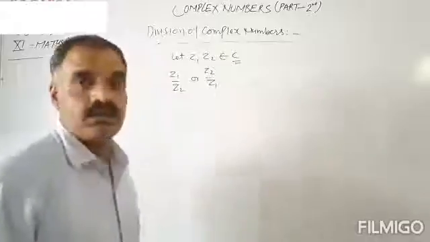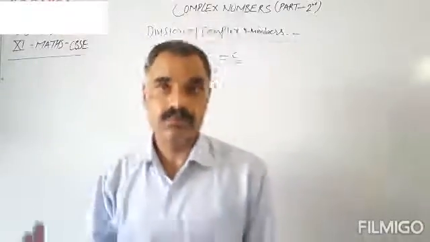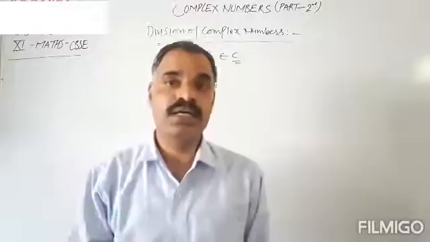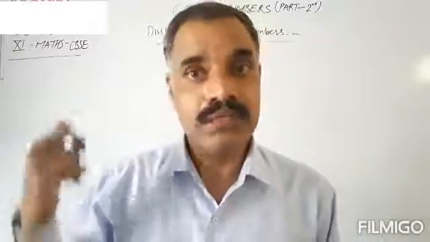Means division of two complex numbers is defined as Z1 upon Z2 or Z2 upon Z1.